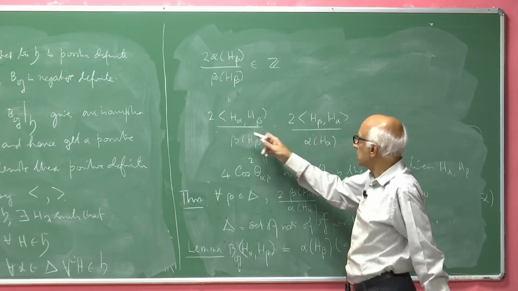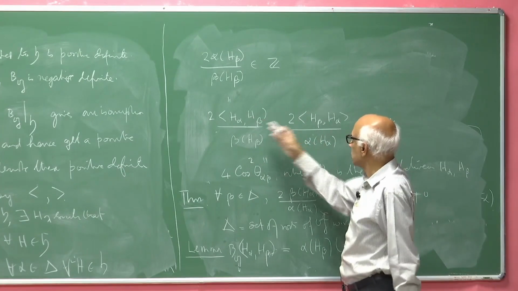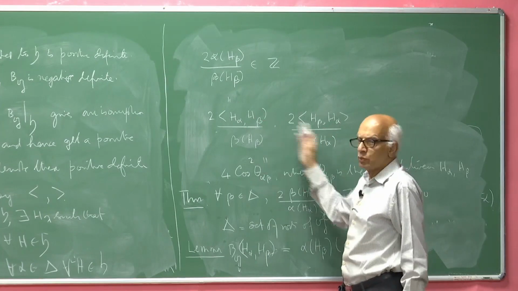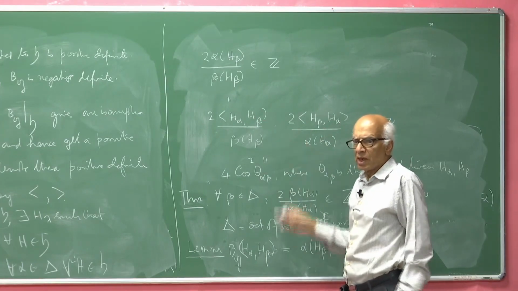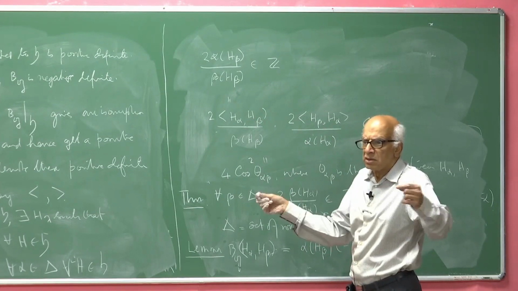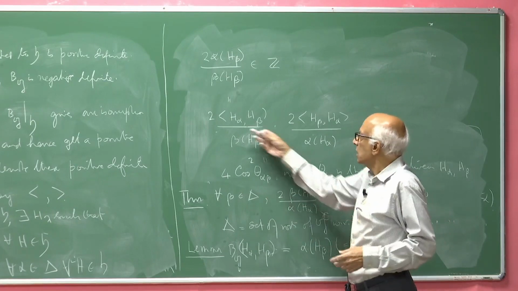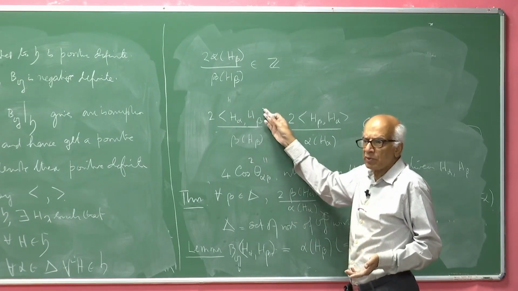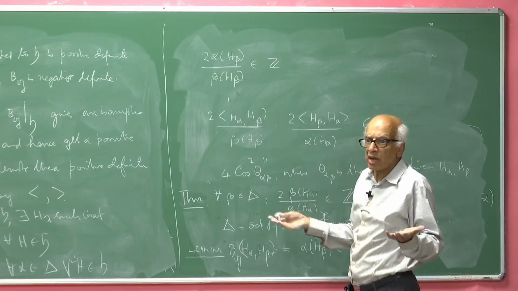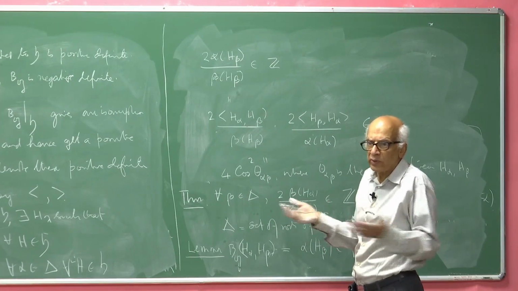Equality can occur only if both numbers are 2, and that can happen only if the angle between the two is 0. That means H alpha is a multiple of H beta, which cannot happen unless beta is minus alpha. We have seen that also.